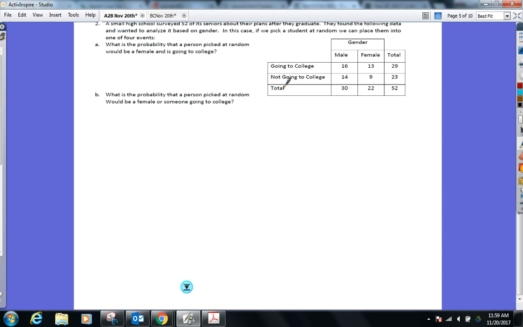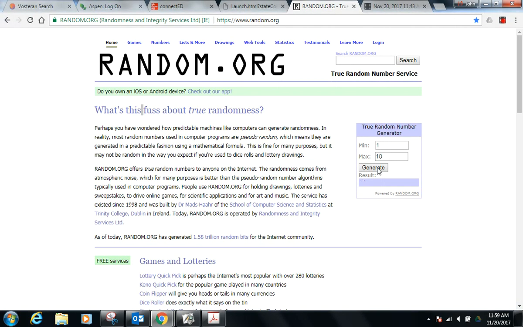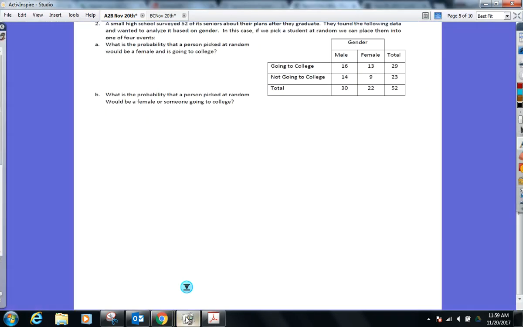What's the probability a person picked at random would be female and going to college? So read the table: how many females going to college? 13 females going to college out of a total of how many now?